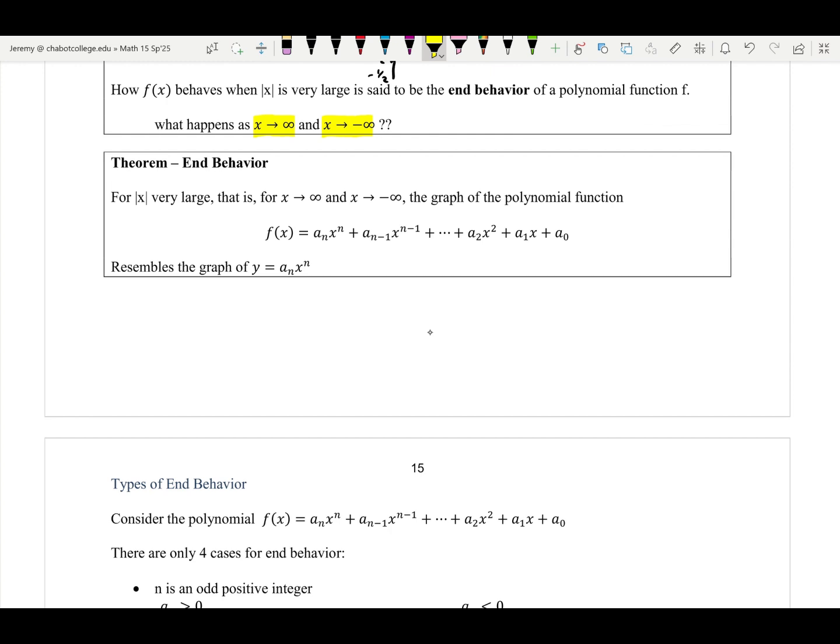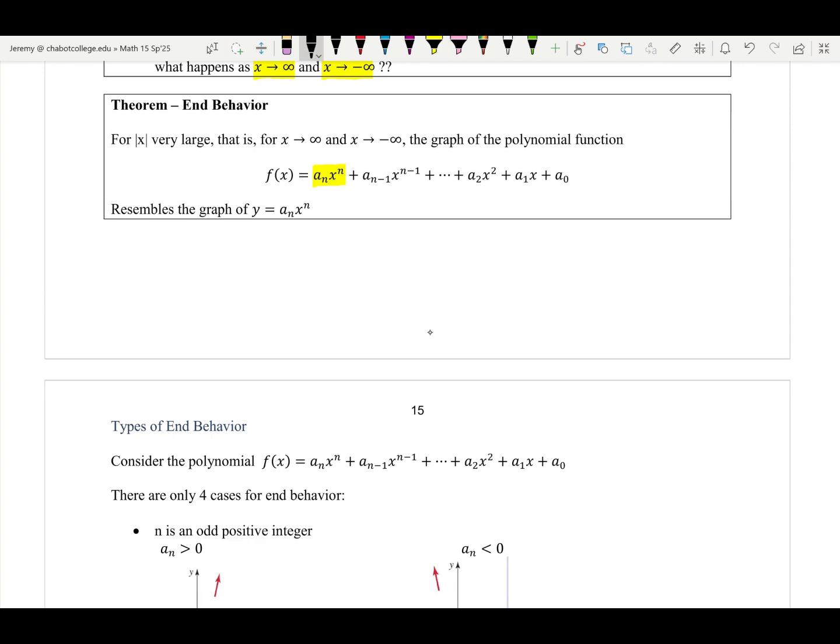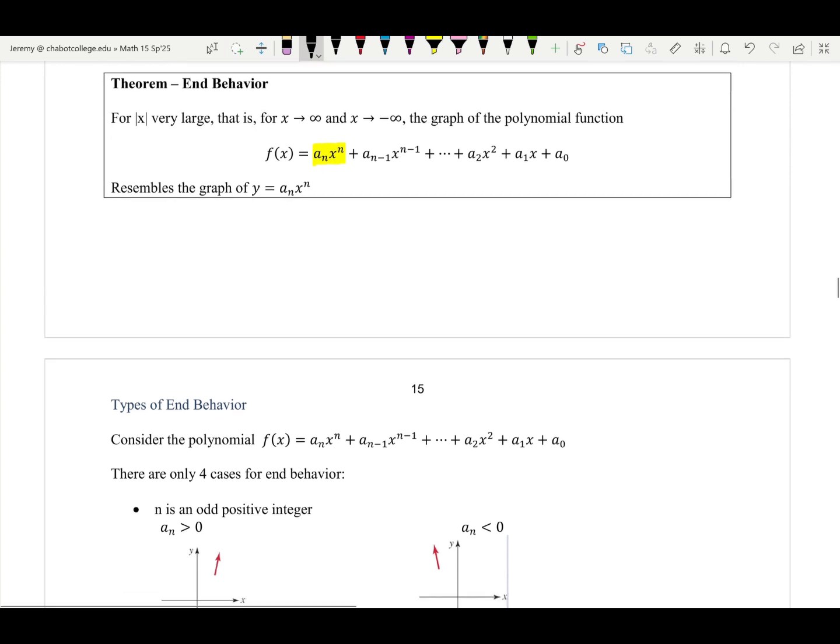So it's going to resemble the graph if we just took the leading term and defined a polynomial function as being equal to a sub n times x to the n. Okay, so what this means really is it's going to depend on the degree and the leading coefficient.